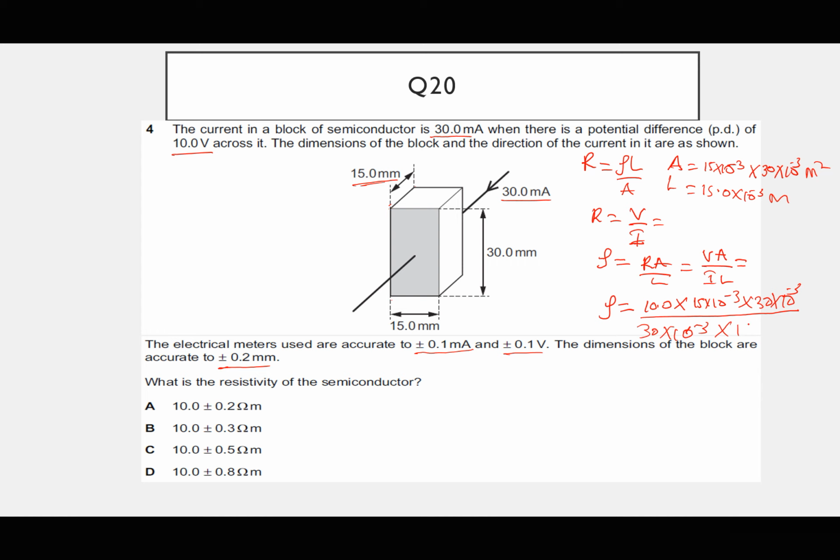So this will be 15 times 10 power negative 3 to change it to meters. So we can check our calculator.